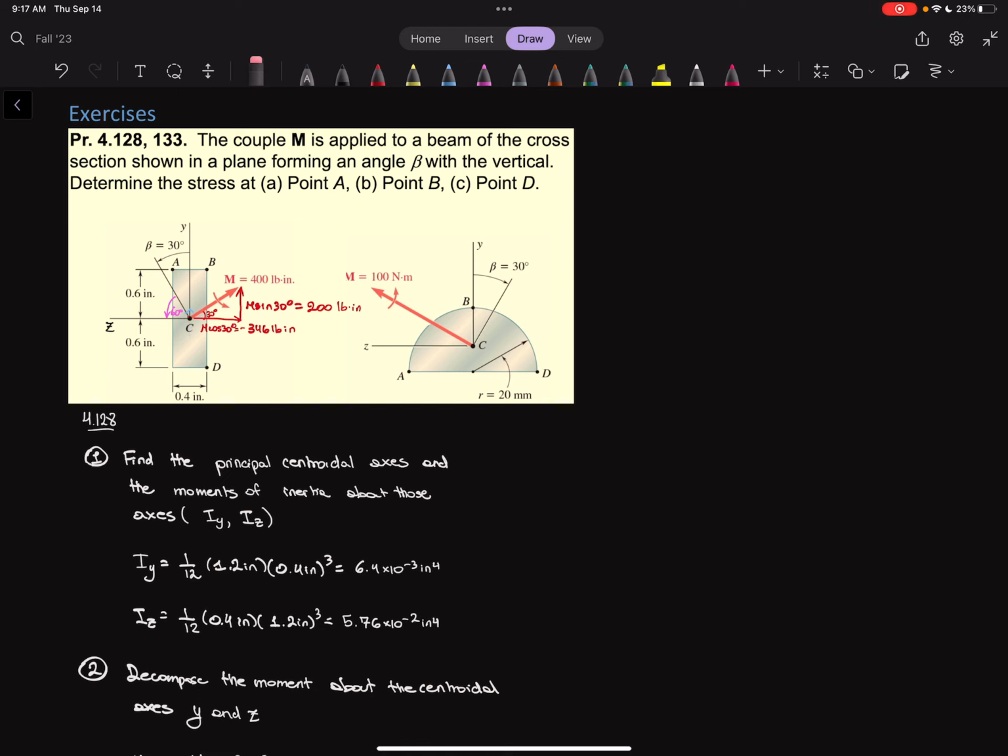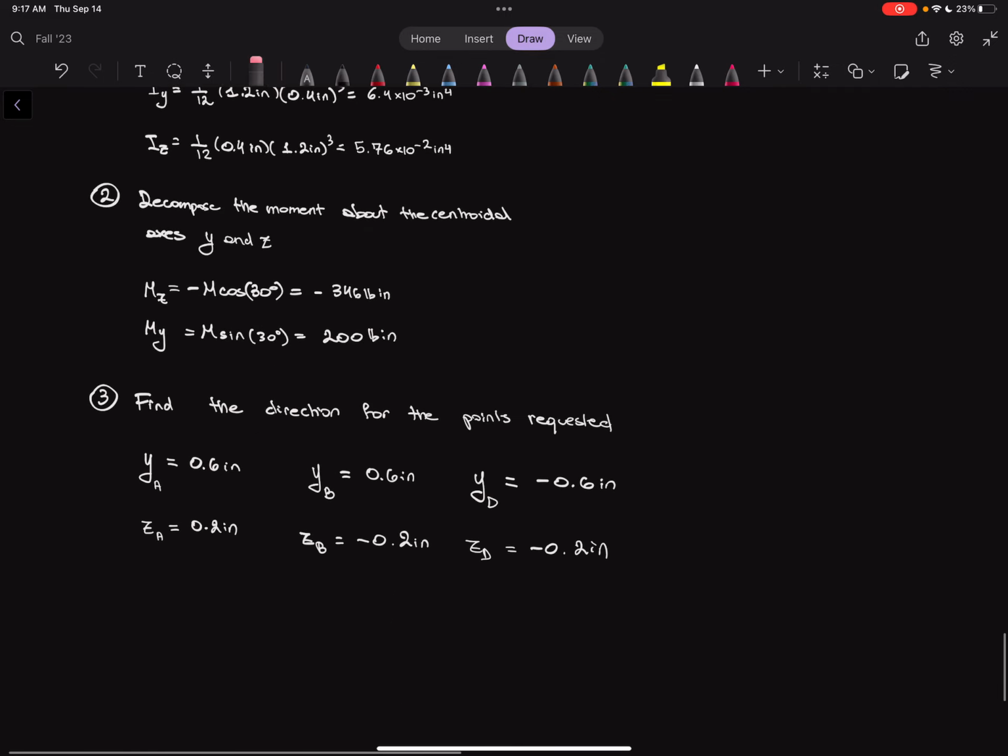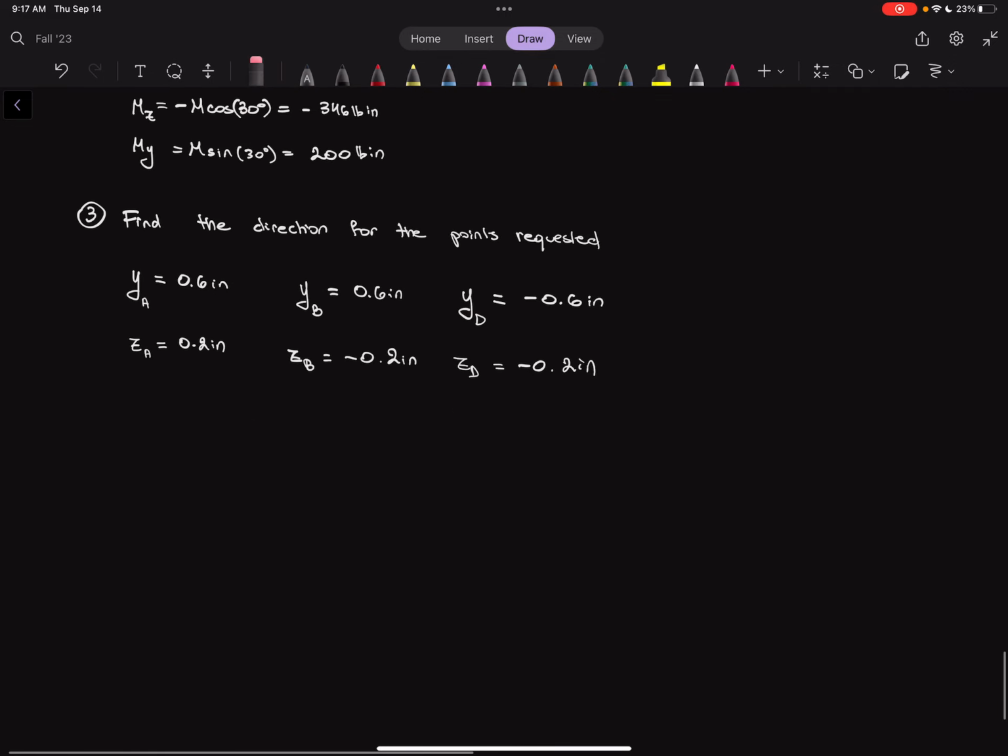All right, so now that we have this, what we're going to do is calculate the stress in the x direction with superposition.